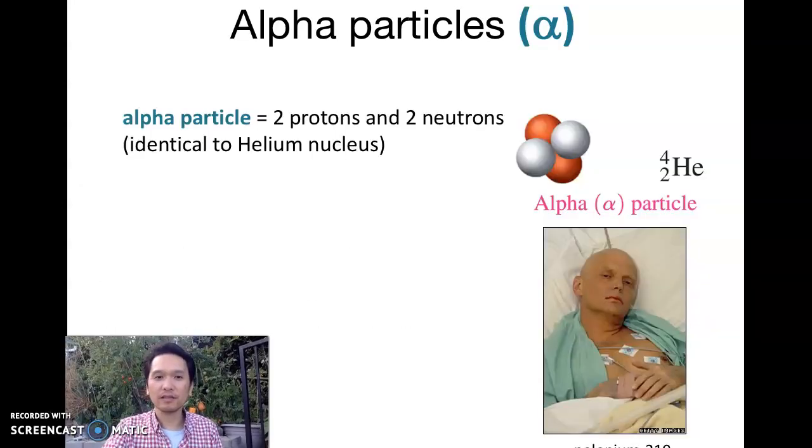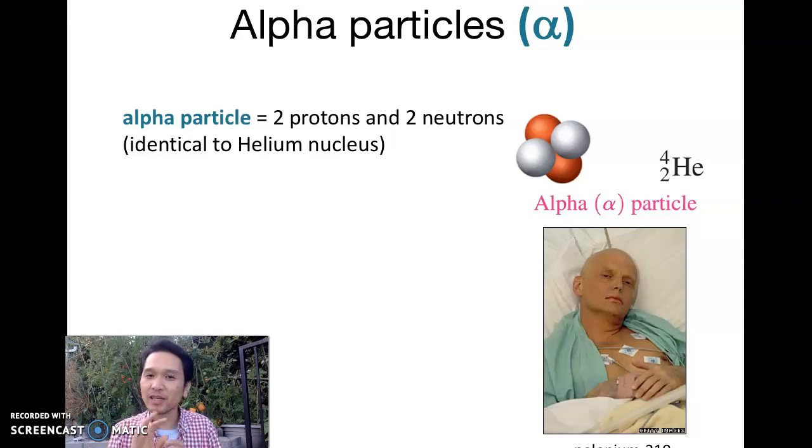So alpha particles, let's see. What is an alpha particle? An alpha particle basically means that it's a particle that has 2 protons and 2 neutrons. Now think about that. What is 2 protons and 2 neutrons? That's basically identical to a helium nucleus. Now why did I say nucleus? Remember that a helium atom will have 2 protons, 2 neutrons, and 2 electrons, right?